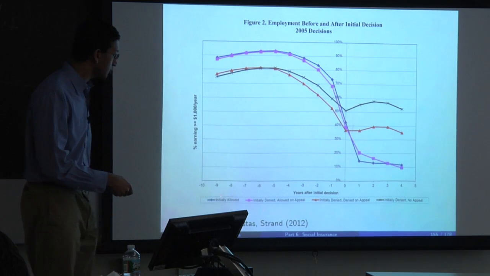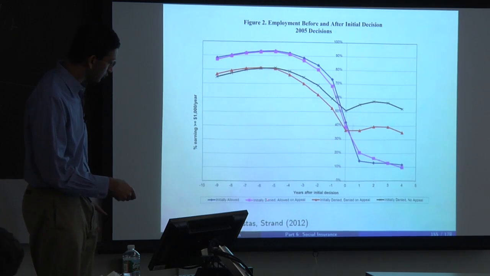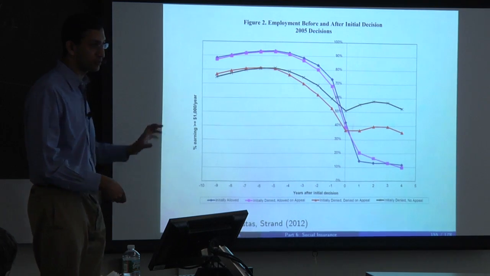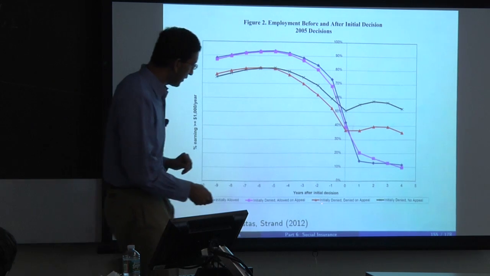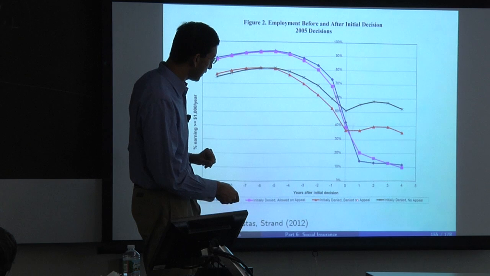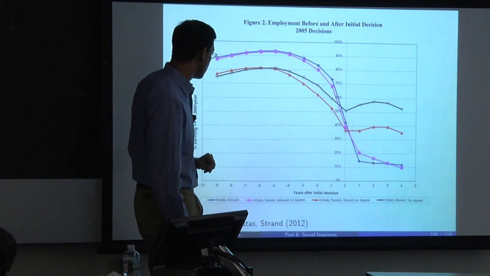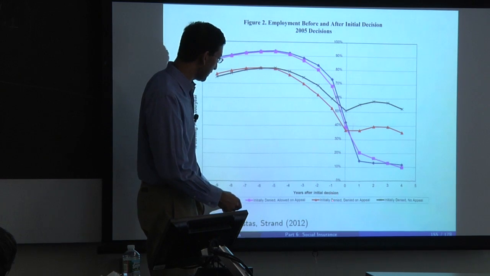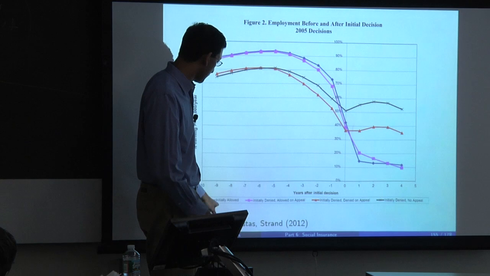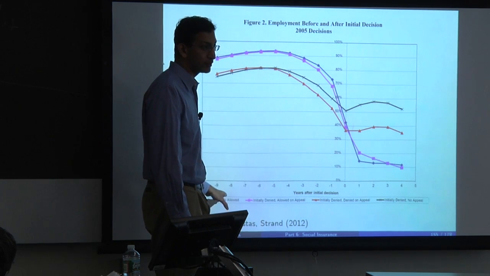People who are initially allowed, people who are initially denied and then allowed on an appeal, so there's an appeal process. And then there are people who are initially denied and denied on the appeal, and people who are initially denied with no appeal. So let's compare the people who are denied in the red series here with the people who are allowed in the blue series.